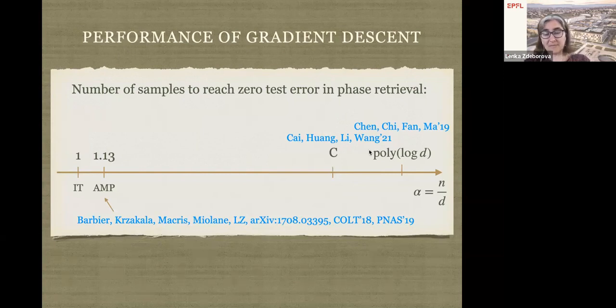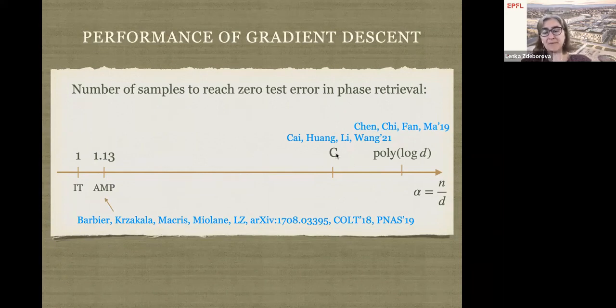There are several papers about that in the theoretical computer science literature. But as I said, kernels would need a number of samples that is quadratic in dimension. But gradient descent with this particular loss function was actually shown to need a polynomial of logarithm of d times d samples. That's still much more than our 1.13, but it's better than d squared.